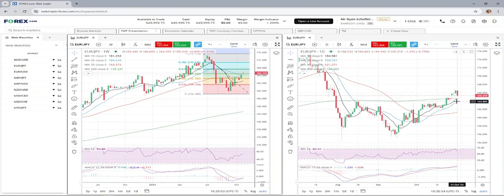If I get a pullback, I'm going to have to look at the pullback carefully. If it's a really small candle, I may consider it, but more than likely I think it's going to blow right through there and come in a little bit lower, and that's my assessment. I really don't like where the price action is on the weekly chart.